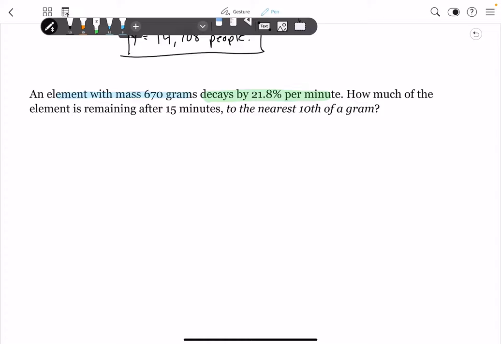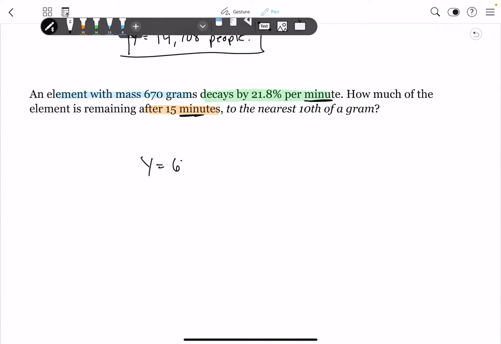Wow, that's really fast decay. That means every minute it is decreasing 21.8%. So we're looking at a short time span here. We want to know only after 15 minutes because this decay is happening per minute. It's happening pretty quickly.